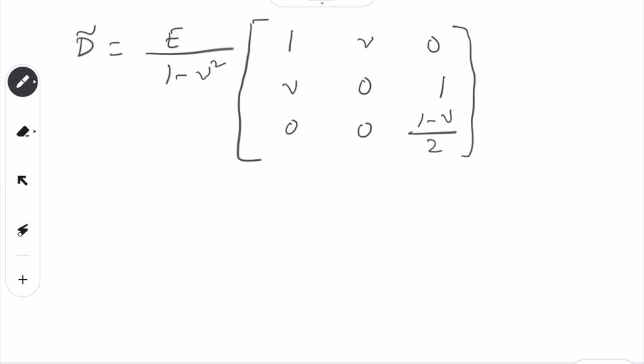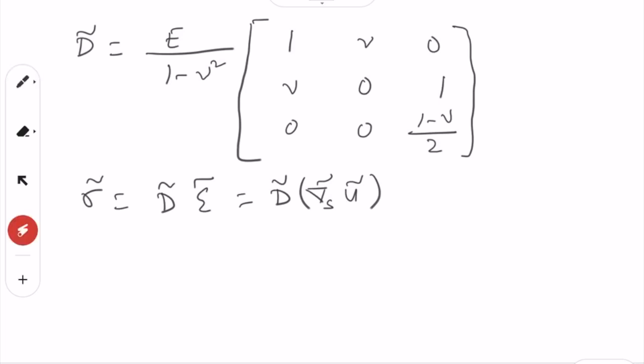So this is D tilde, and we are getting this from sigma tilde equal to D tilde epsilon. Where D tilde is given by this one, and this epsilon is also given by D tilde times del S tilde times U tilde. That is what this one is. So this is how the whole sigma will look like.